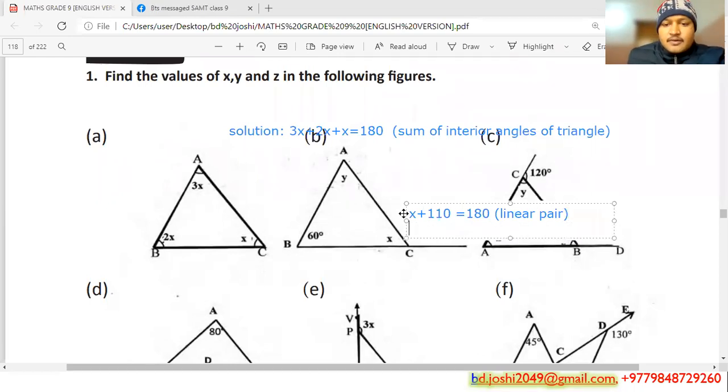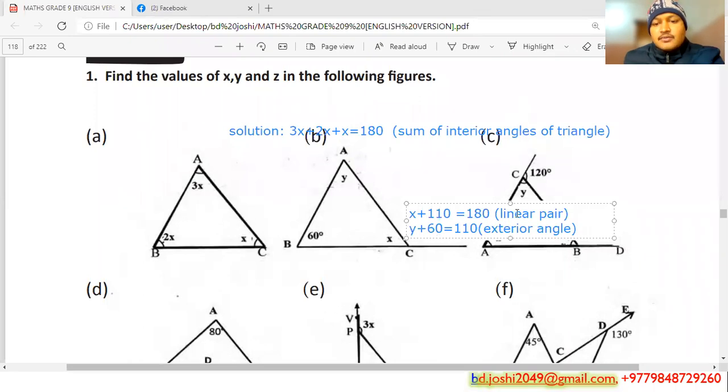Okay. To get the value of y: x plus y plus 60 is equal to 180, or y plus 60 is equal to 110. What will be the reason for this one? Exterior angle of a triangle is equal to the sum of two opposite interior angles.